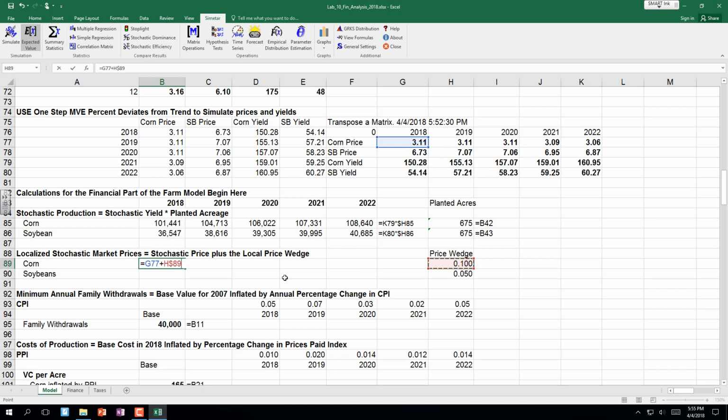I'm going to hit F4 on it and lock it down to $H89. And if I drag that down and then check it, it should be the soybean price in 2018 plus the nickel. And we can highlight those and drag them across.